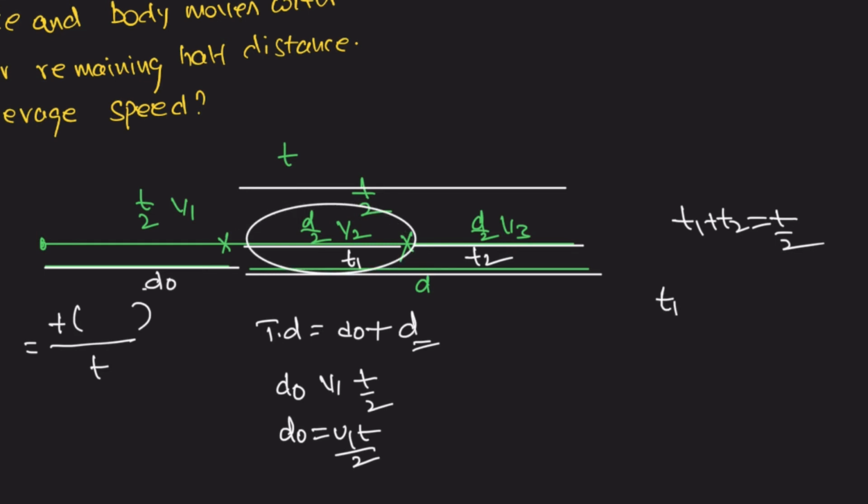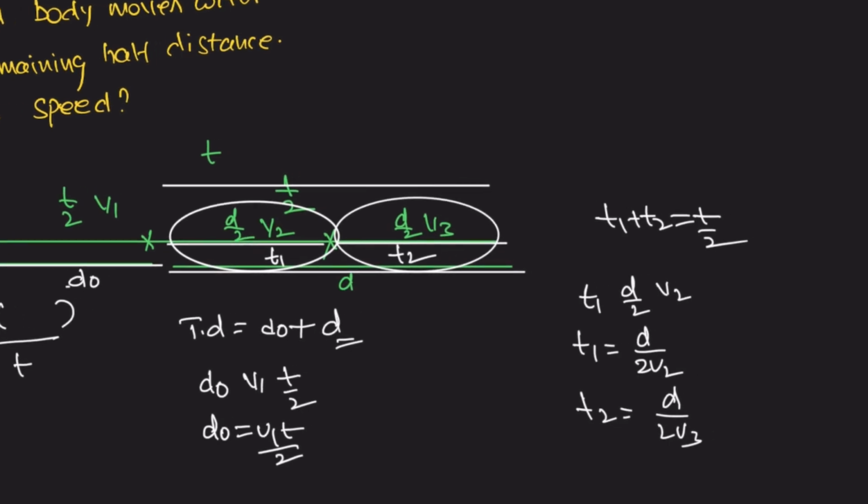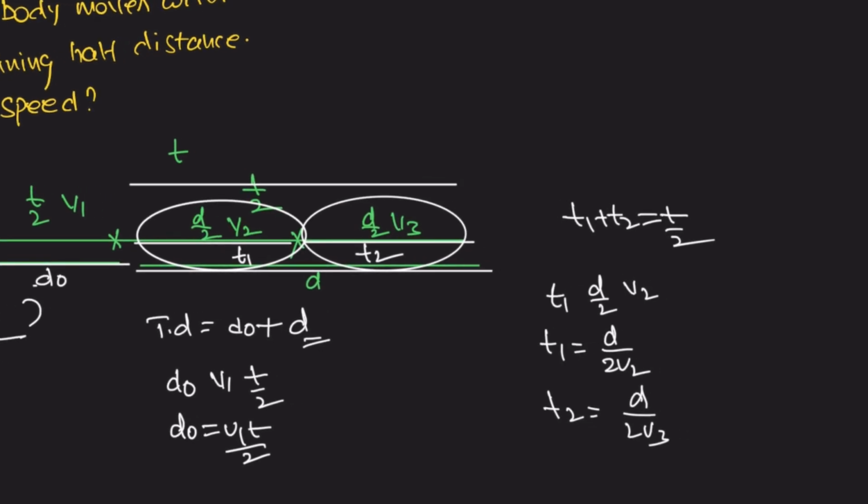For t1 it covers a distance d by 2 with speed v2. So t1 is distance by velocity, that is d by 2v2. Similarly for the time t2, that is d by 2v3. So what is the total time? t1 plus t2, that is t by 2.